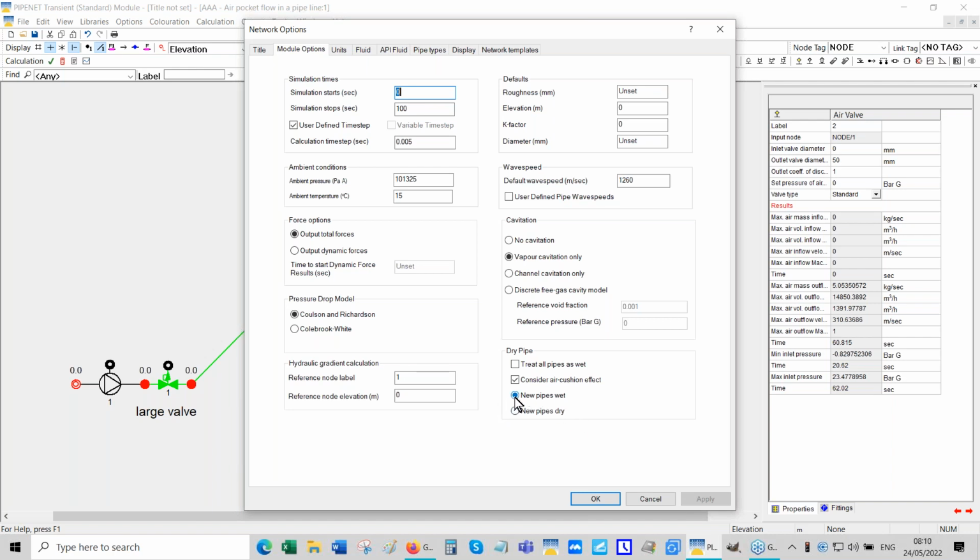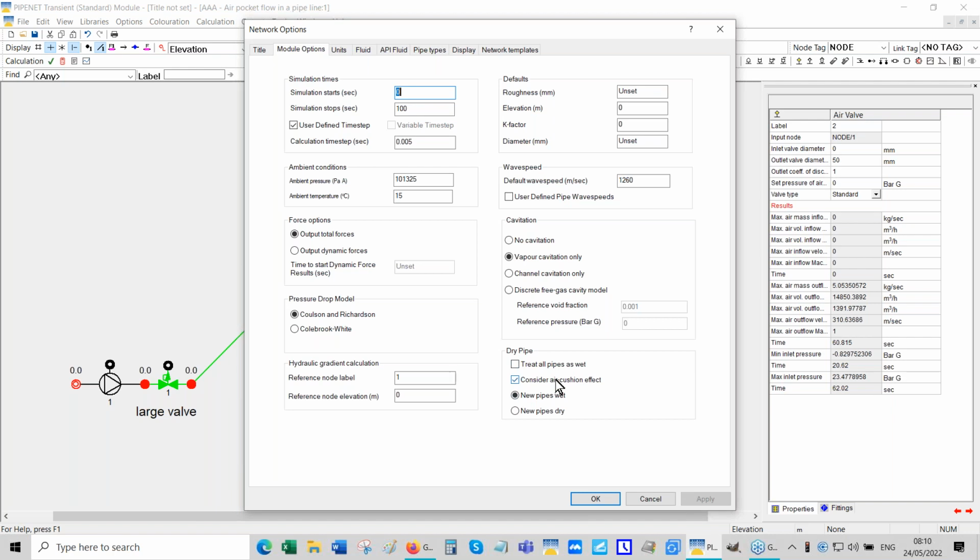You can choose this option. Of course, you can treat all pipes as wet, which is the option where all the pipes are flooded and they remain flooded throughout the simulation. They have no option of going to the dry state.